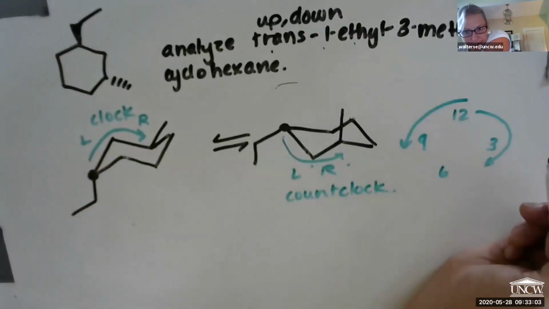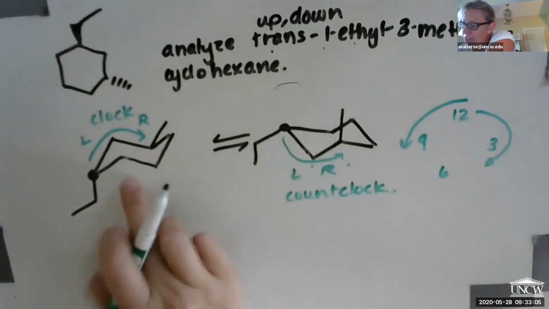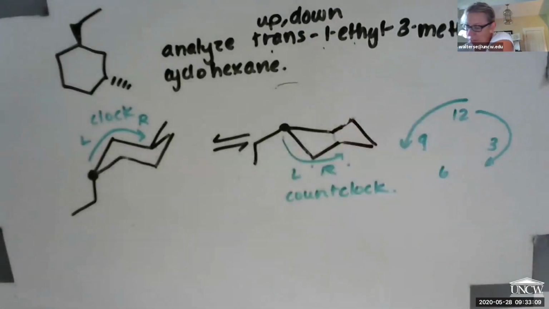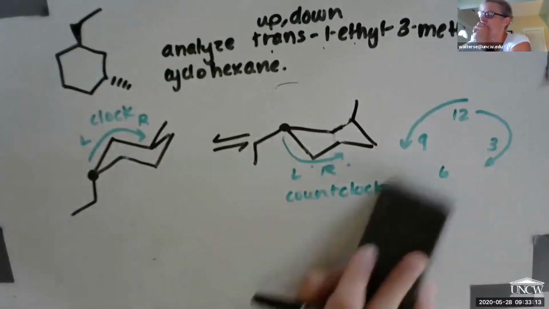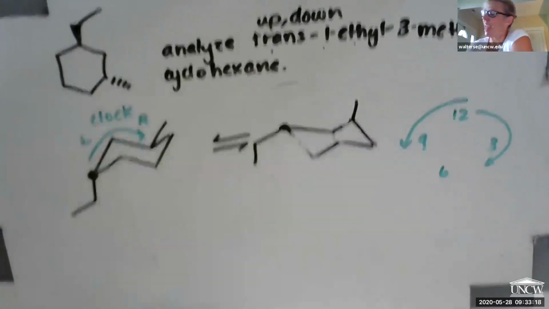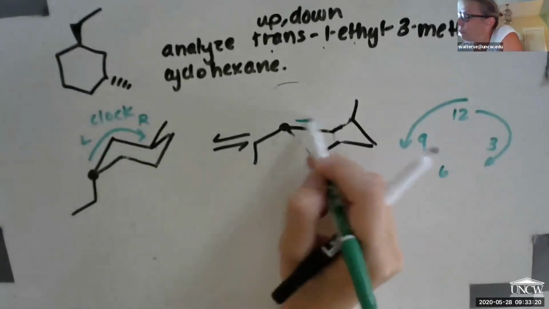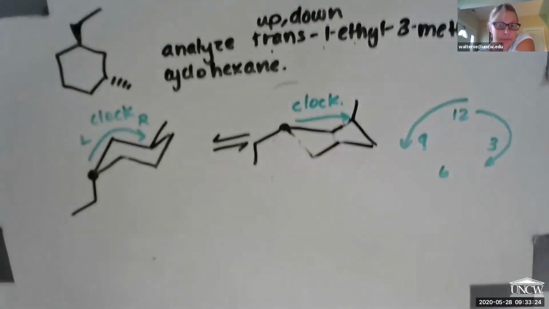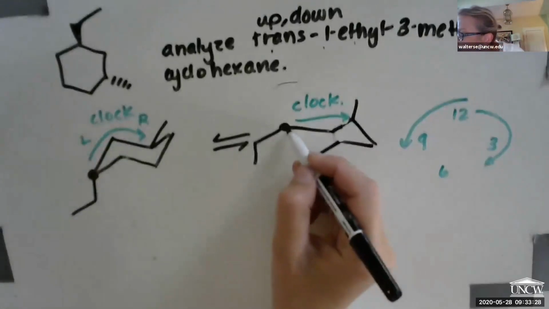So if you start here and go back to get from ethyl to methyl, you have to do the same thing here. Now you moved in this direction, which is still clockwise. Did that make sense, Jay? Yeah, thanks.